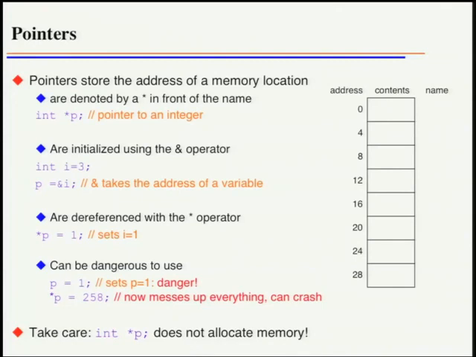So int asterisk p is the pointer variable to an integer. You can initialize them with the help of this ampersand operator, which says take the address of the variable i and put the address into the pointer variable p.